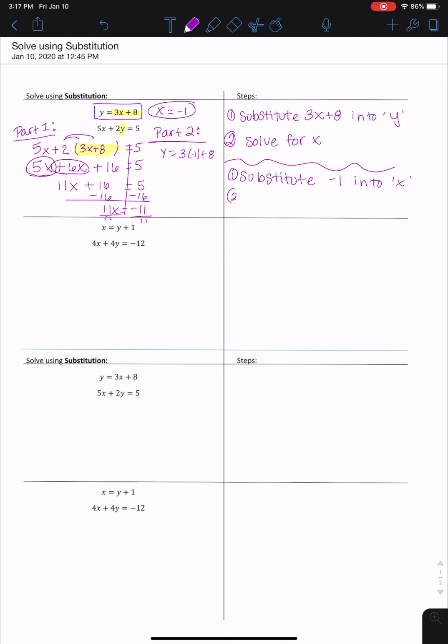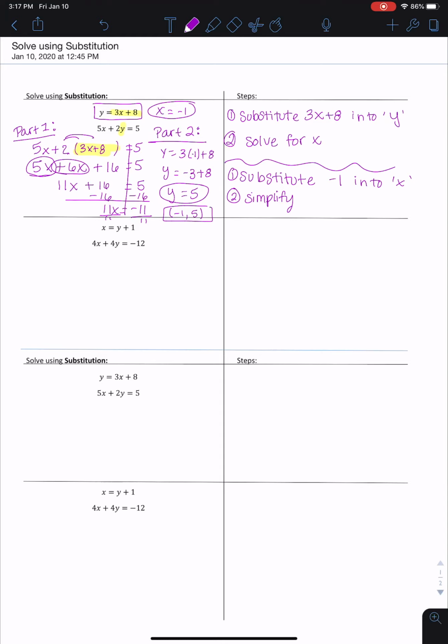After that, we're going to simplify. 3 times negative 1 is negative 3 plus 8. Negative 3 plus 8 is 5. So the solution to my system happens when x is negative 1 and y is 5. I can also write that as an ordered pair. X is negative 1, y is 5.